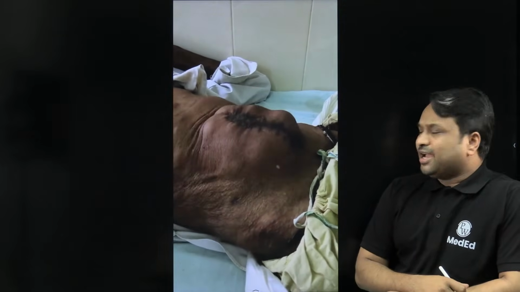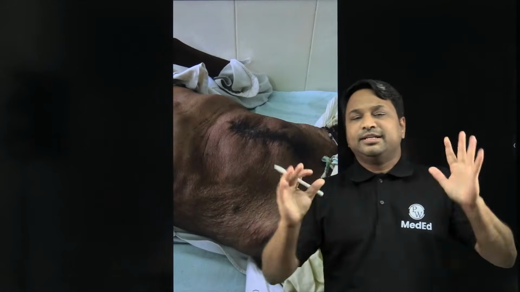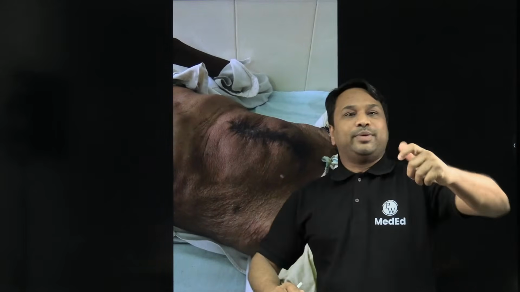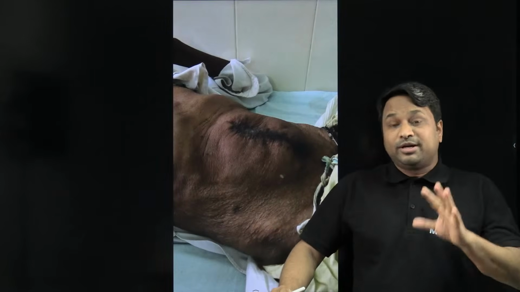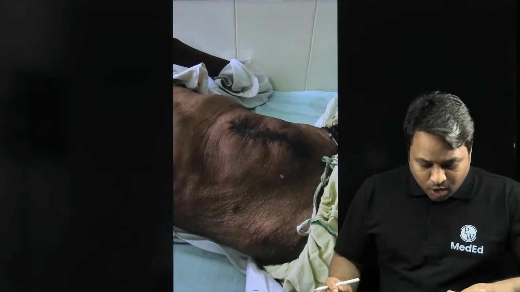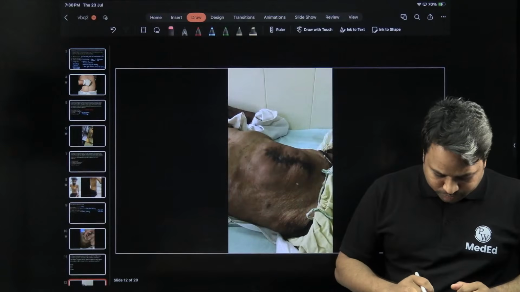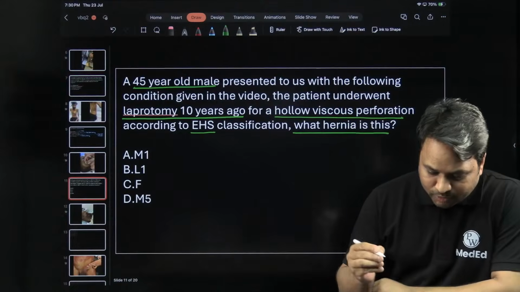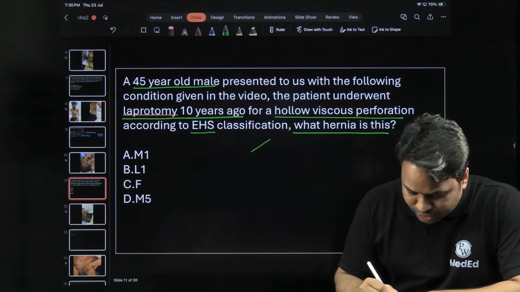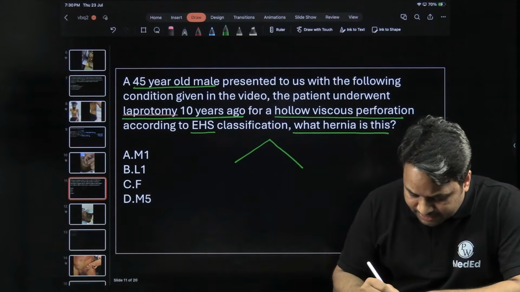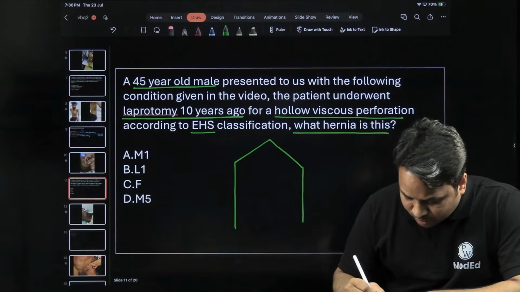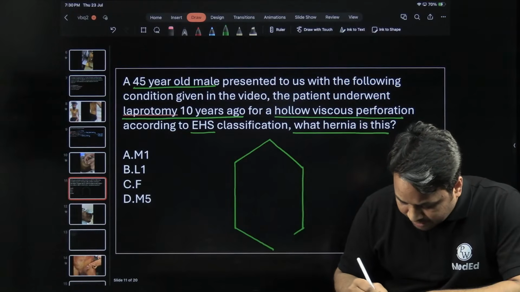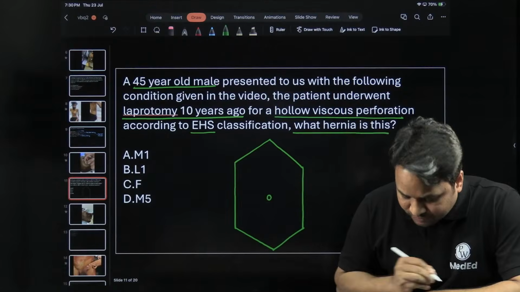Absolutely correct. So, it is not rocket science to identify that it is an incisional hernia. But I've twisted the question by asking you, according to European Hernia Society classification, what category does it belong to? For that, you should know the EHS classification. Take this as the representation of the abdomen, and this as the umbilicus.